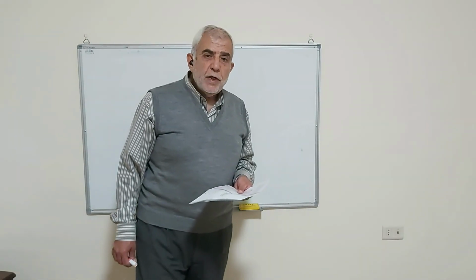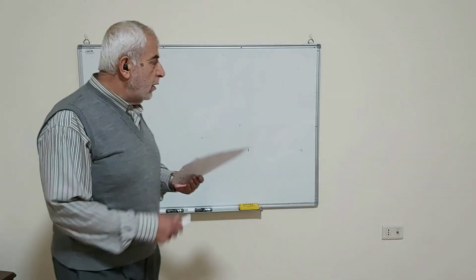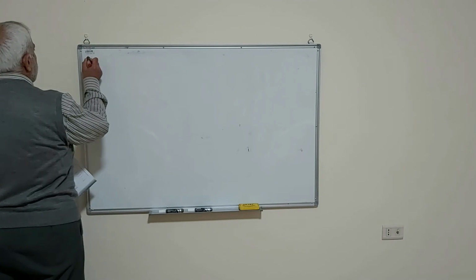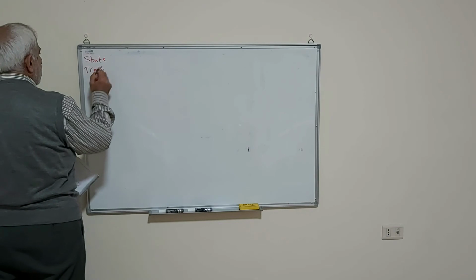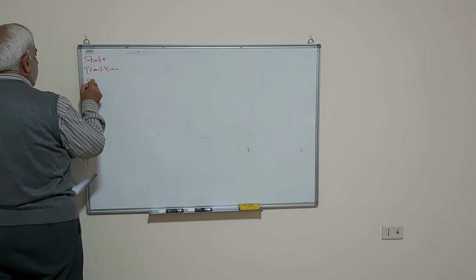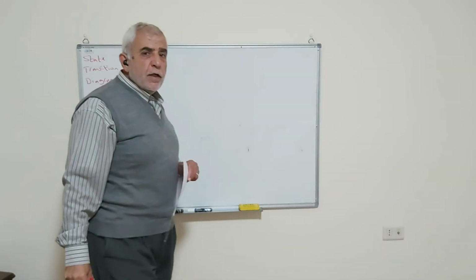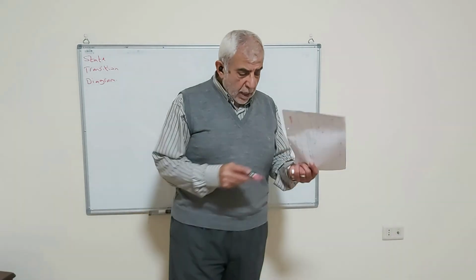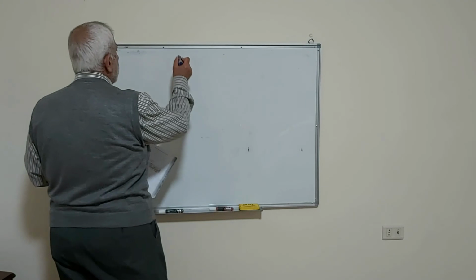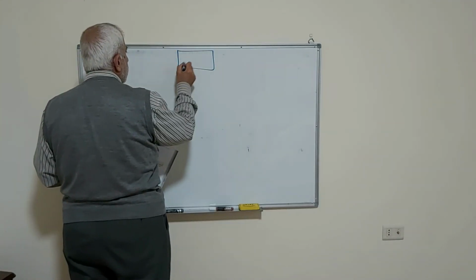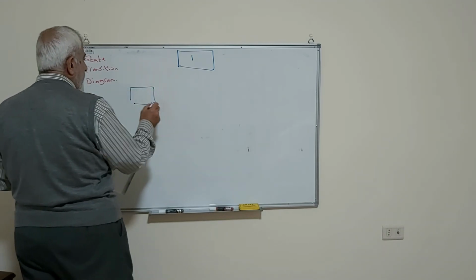Okay, now we start with the second approach, the so-called state transition diagram, as follows. So here we have the state transition diagram. Here, each state is represented by a block, as follows. So, we have here state 1. Then, here, we have state 2.